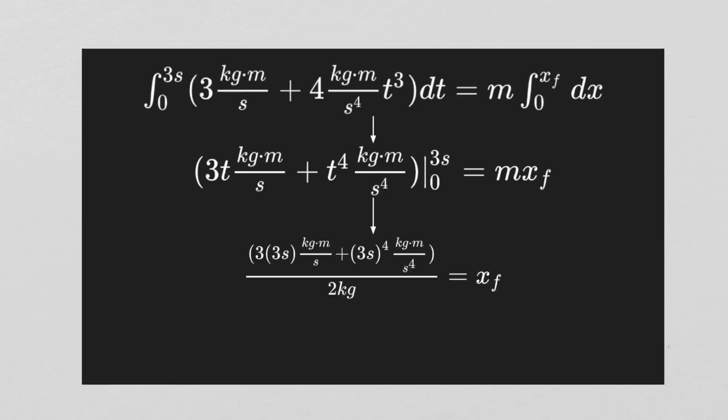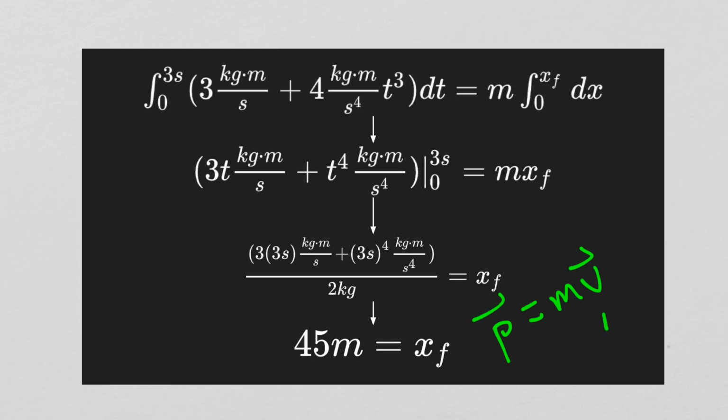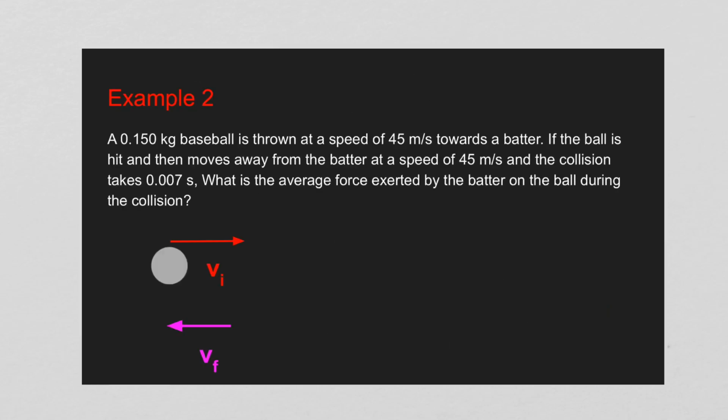And then what you get is an expression of where you're going to end up. So if you're interested in position, use the definition of momentum and know that v is dx over dt. And integrate, just like we were doing all the time before when we were looking at accelerations, velocities, positions. Pretty cool.